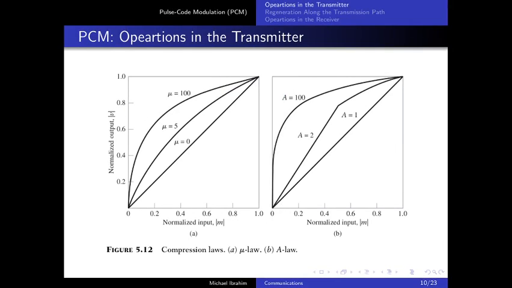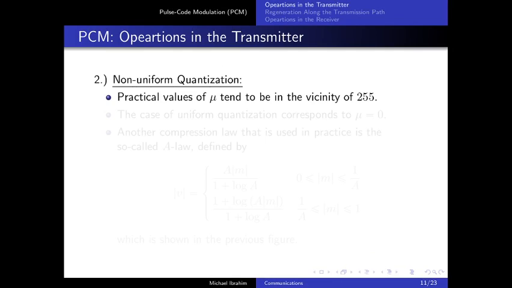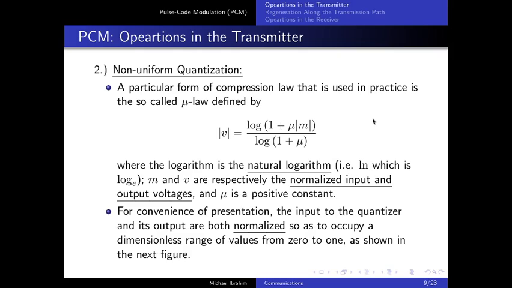So going back to our slides over here, practical values of mu tend to be in the vicinity of 255 or so. And the case of non-uniform quantization corresponds to mu equal to 0. If you go back to the expression over here, if mu is equal to 0, you get log 1 over log 1, which basically gives you 1, and the slope will be v modulus v equals modulus m.